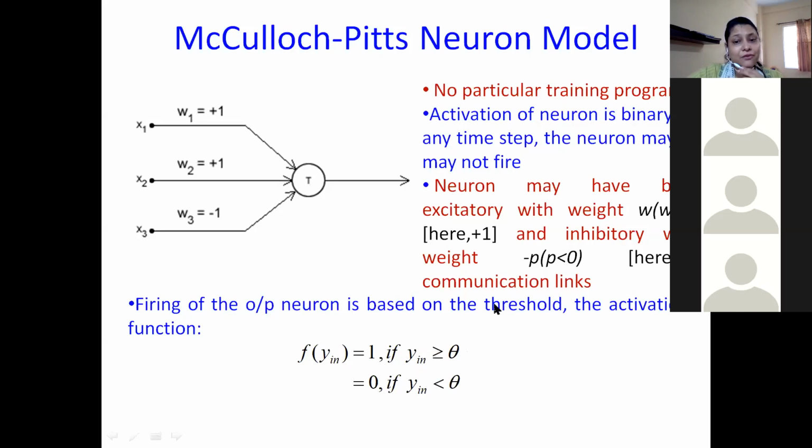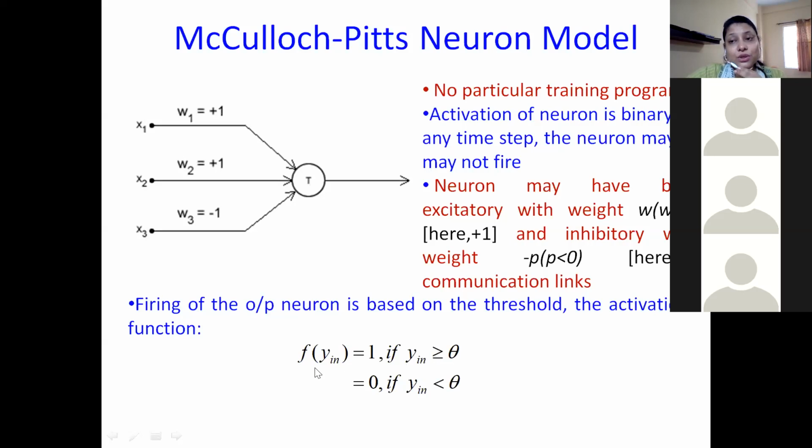That means the net input must be greater than or equal to the threshold value, and the firing of the output neuron is based on this activation function.